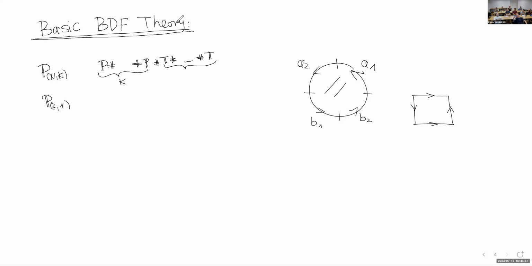N was referred to K and 2M, so capital N is K plus 2M. So if K is equal to M and both are equal to 1, you obtain P3, P1. Exactly. So K is equal to 1, M is equal to 1, so capital N is equal to 3.